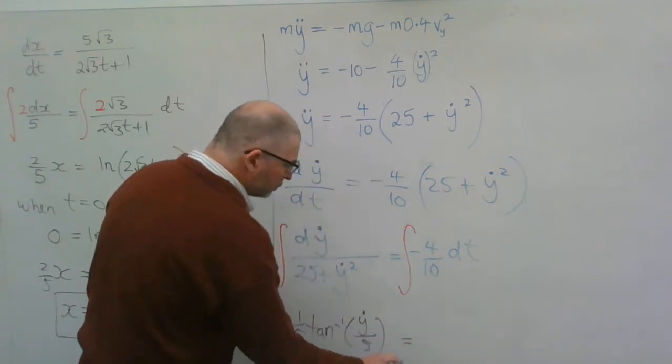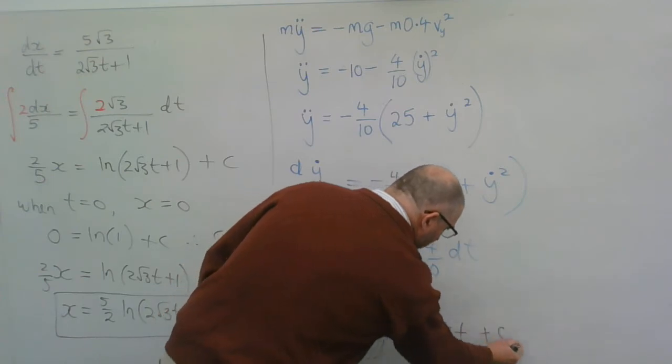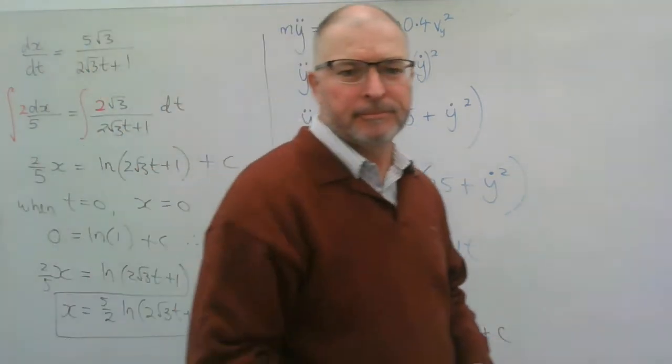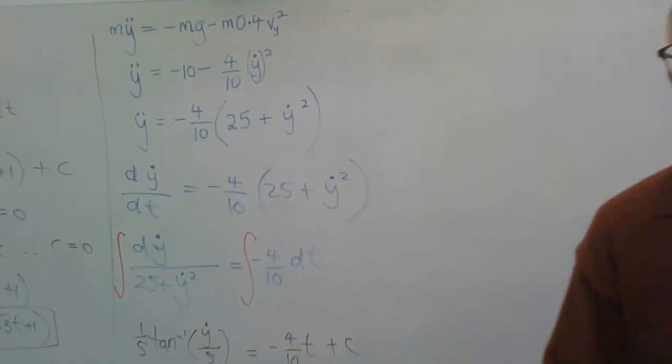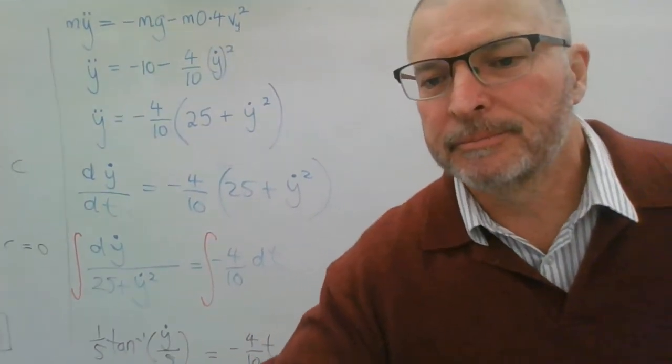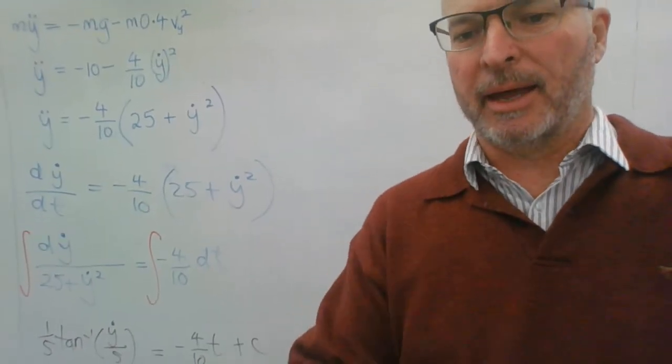And this is equal to minus 4 on 10 t plus c. So we need to figure out what c is there. Right, so keep that bottom bit there.